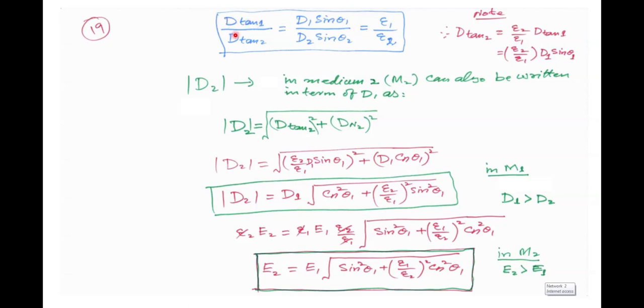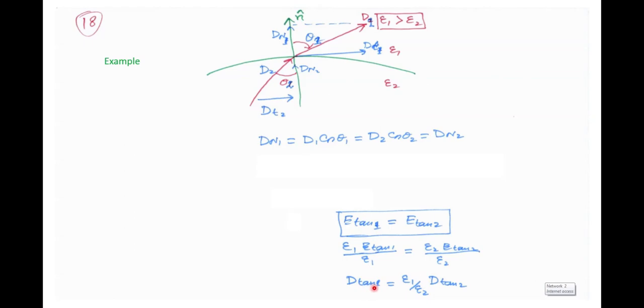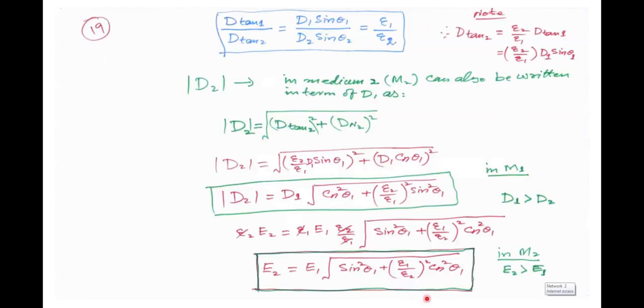And these two components, as I told you, Dt1 divided by Dt2, are discontinuous by the ratio between epsilon 1 and epsilon 2, that is the permittivity of material 1 and the permittivity of material 2.